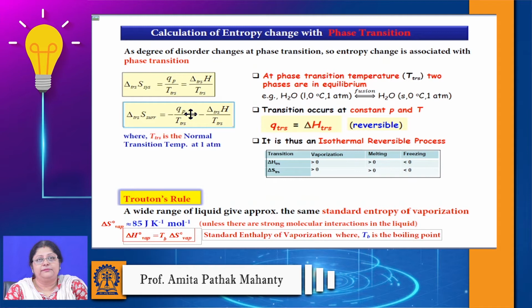If you are asked to compute using Trouton's rule, you have to understand that the liquid is following the standard, that is, any liquid having no association or extra strong intermolecular interactions. Okay? This is Trouton's rule.